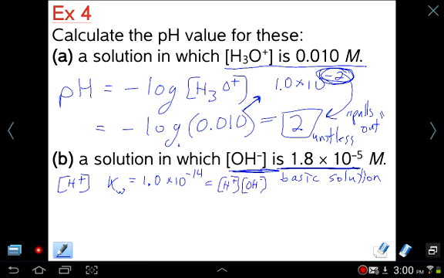And so we can get first the H plus concentration from this equation, and then we'll plug that into the log. So your H plus concentration, with the equation rearranged, is 1.0 times 10 to the negative 14 divided by 1.8 times 10 to the negative 5th. So try that in your calculator and see what you get.